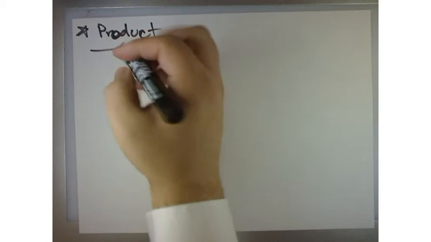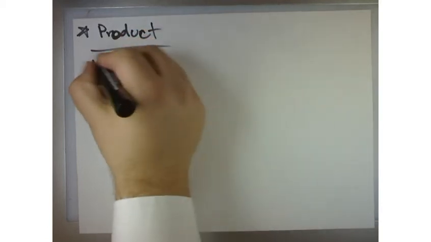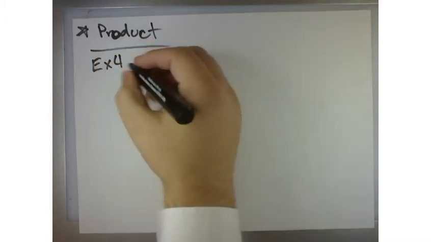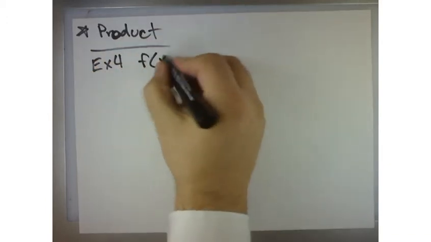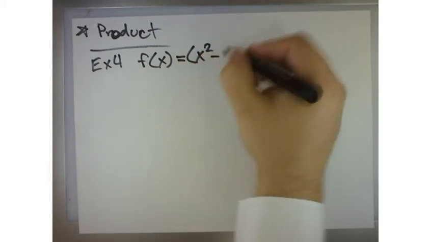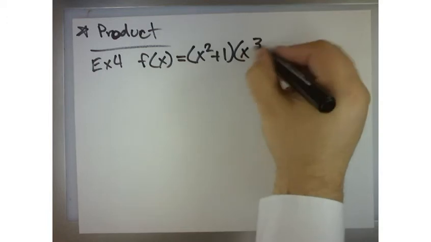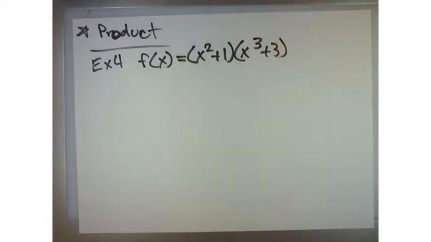Okay? So in our textbook, for example number 4, we are given that f of x is equal to x squared plus 1 times x cubed plus 3. Well, now this is different.